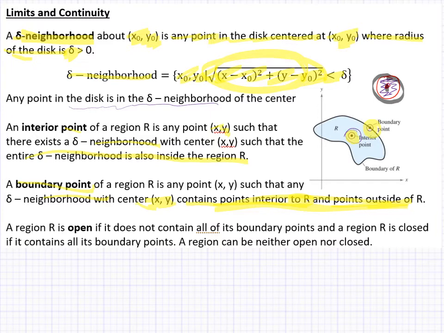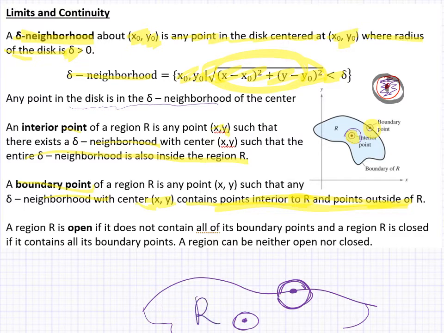So if you sit right on the edge of the region, and I'll blow that up here, if you have your region that looks like this, and this would be the inside of the region here, this infinitely small delta neighborhood is completely inside, where this point that sits here, part of my delta neighborhood would be outside and parts of my delta neighborhood would be inside the region if this was my region R here. And no matter how small I make this delta neighborhood, infinitely small, if I zoomed in 1,000 times, still part of the delta neighborhood would be outside and part would be inside, making that a boundary point.